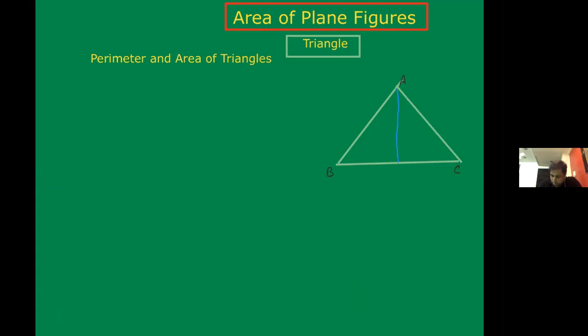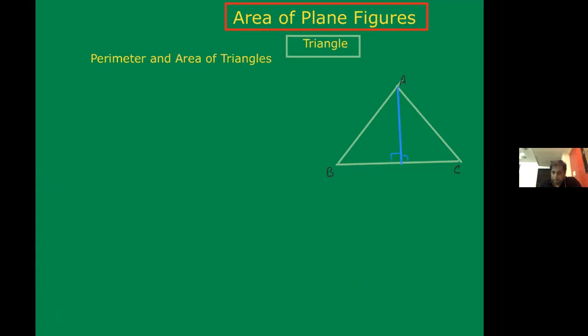So now we will draw the line. Now I have drawn the perpendicular to the base from the vertex A. So this angle will become 90 degrees, and this angle will also become 90 degrees.